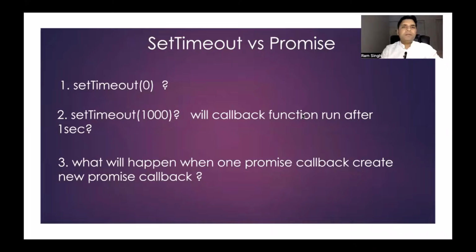So here are a few questions which people ask sometimes. What does setTimeout 0 mean? Why do we use this 0 here? When we add it, we are not passing any delay. That means sometimes we want to execute our function in an asynchronous way. Let's say you have an array of 1 lakh numbers and you want to print all of them.